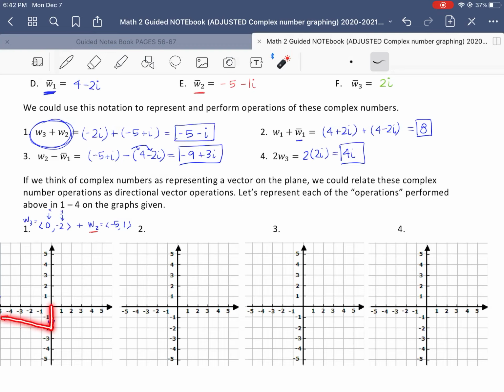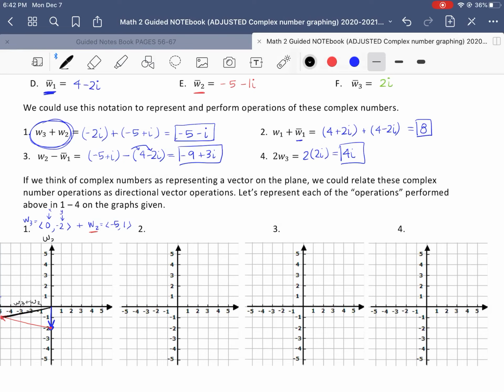This one went down, we then added this vector, and the resultant vector is the one from the origin to where you finish. So if I draw in this final vector, let's go back to black, this one right here would represent W3 plus W2. Notice that it is to the left 5 and down 1.